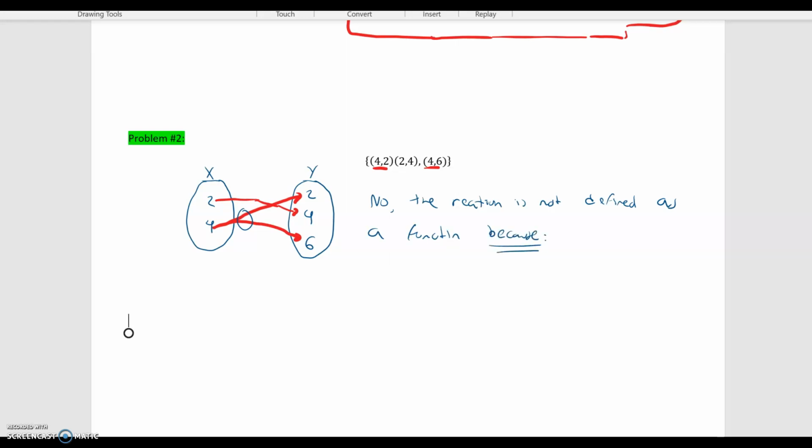And then we would just say because, well, 4 comma 2 and 4 comma 6. And then let me just write that the x value of x is equal to 4 has two different y values.